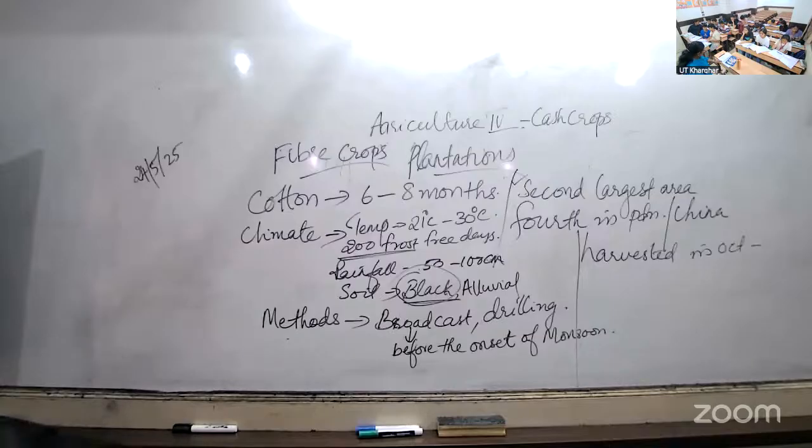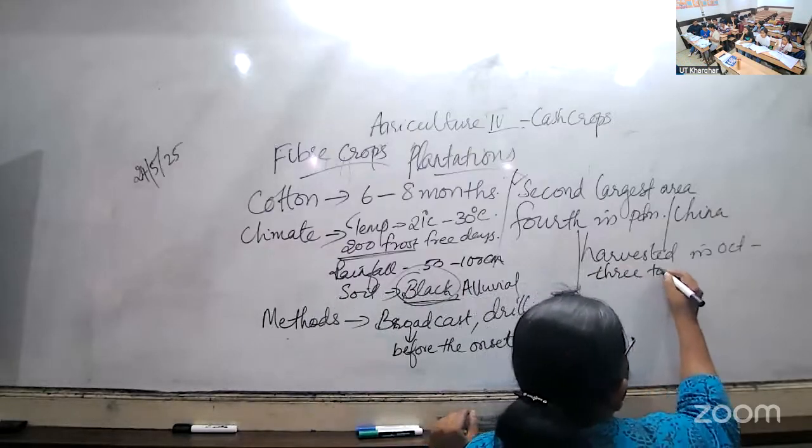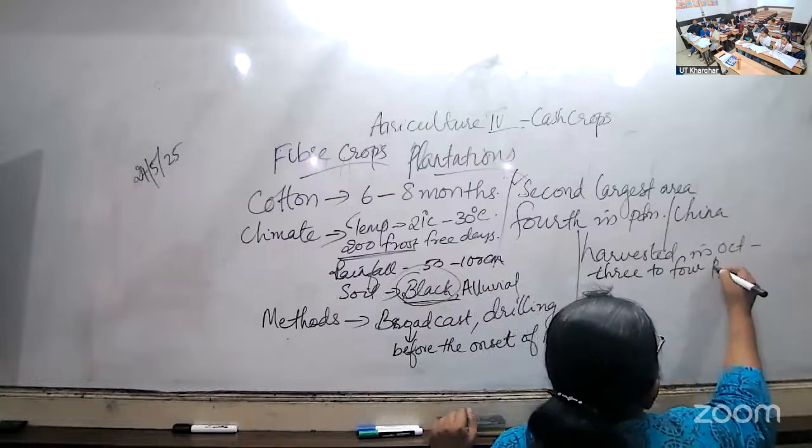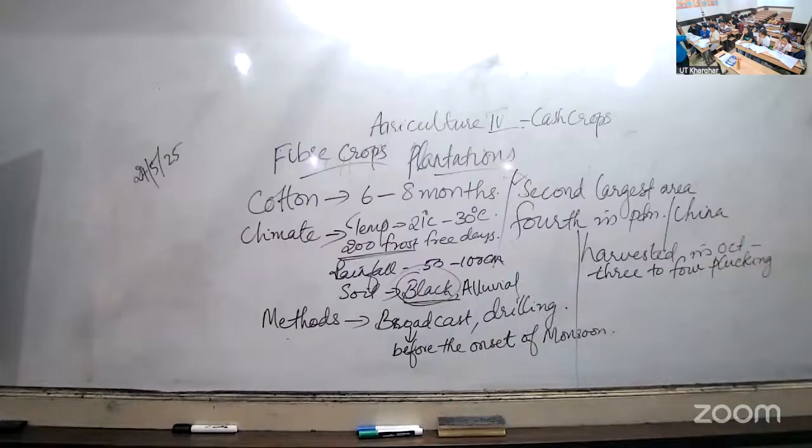And another thing is that the crop is harvested in 3 to 4 pluckings. Did you get the meaning? When the cotton balls are ready, the outer shell starts bursting. At that time, those cotton balls will be picked. Then the next ones will be ready, so those will be picked.